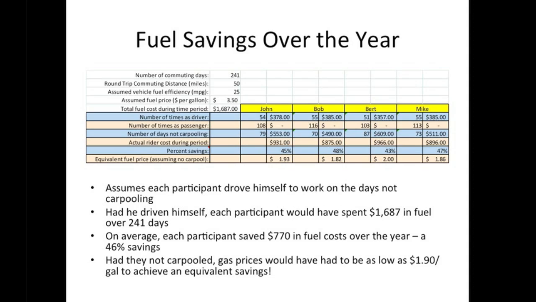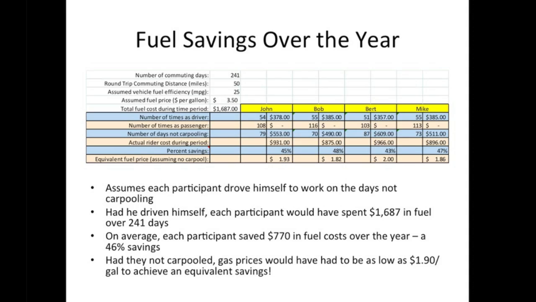And if we hadn't carpooled and driven those 241 days, the gas prices, instead of being $3.50 per gallon, would have had to be as low as $1.90 a gallon to have achieved an equivalent savings. So you can see that we're talking pretty significant.